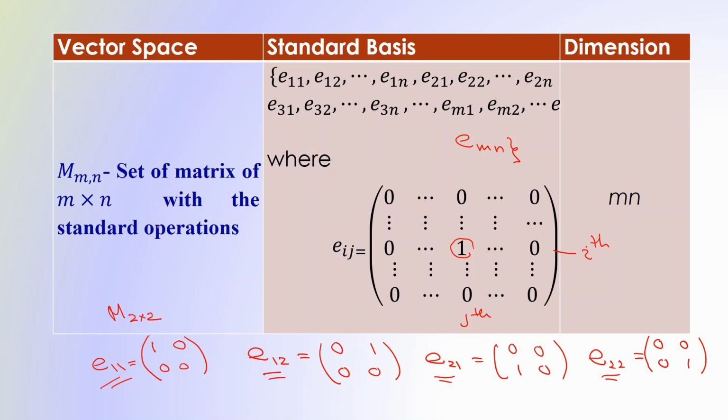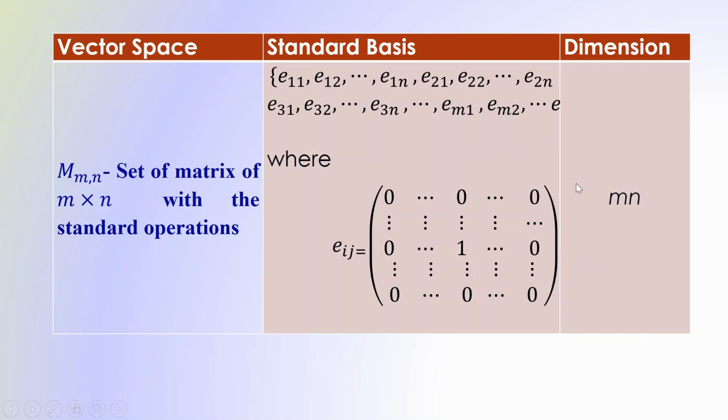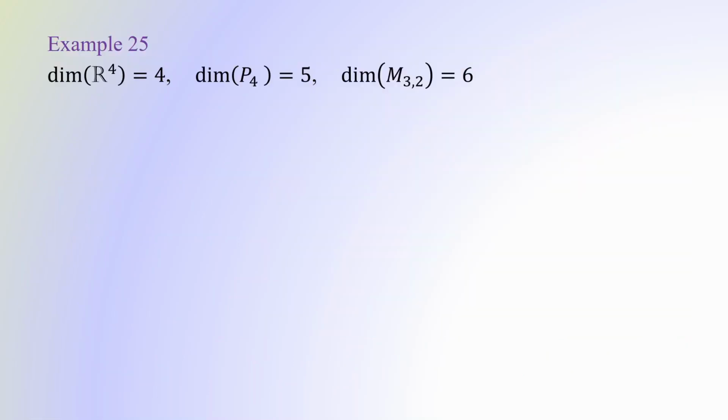In general, if Mmn is the set of m by n matrices, the standard basis can be written in this form, and it contains m times n elements. So the dimension of this vector space is mn. For example, for R4 the standard basis is e1, e2, e3, e4.